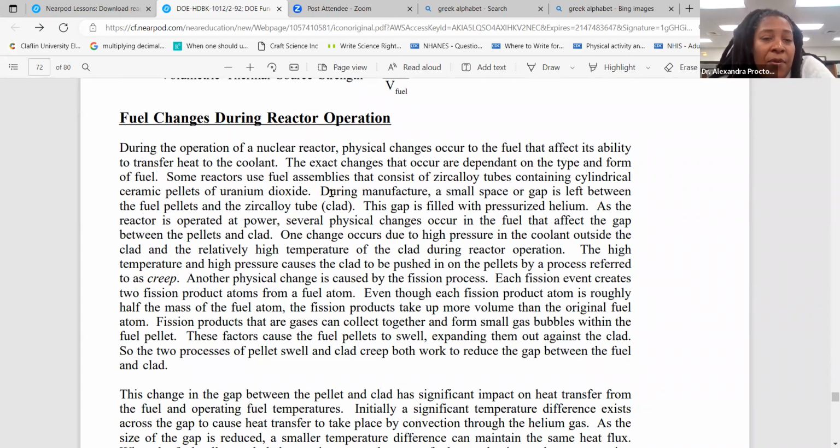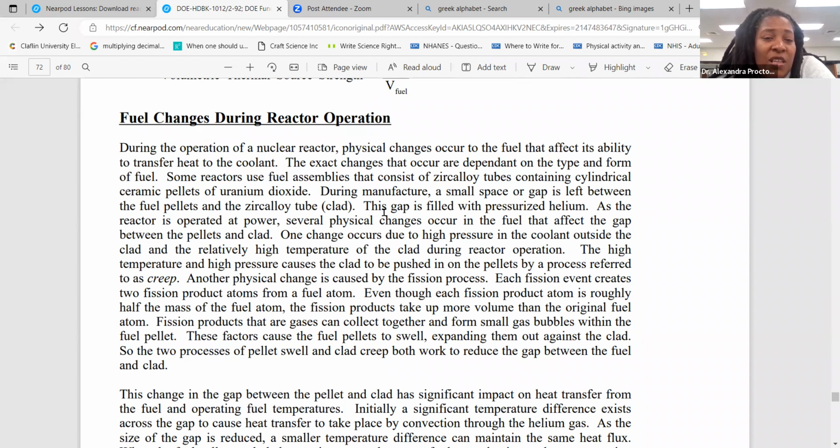During the operation of a nuclear reactor, physical changes occur to the fuel that affect its ability to transfer heat to the coolant. The exact changes that occur are dependent upon the type and form of fuel.